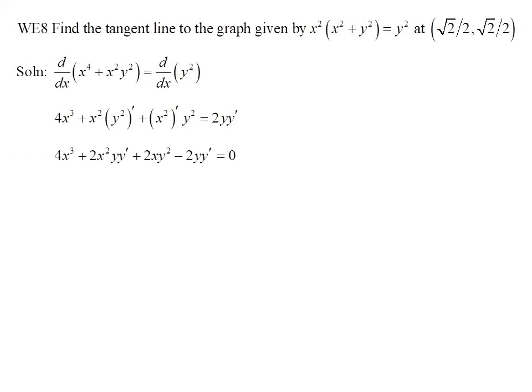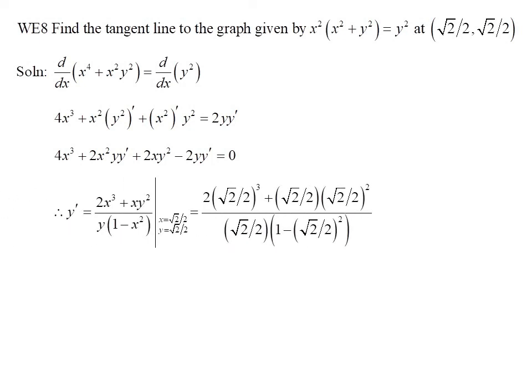After further differentiation and then rearranging the terms by moving the terms with y prime to the left side of the equation and the terms without y prime to the right side, we have the expression of y prime, which equals 2x cubed plus x times y squared all over y times (1 minus x squared).